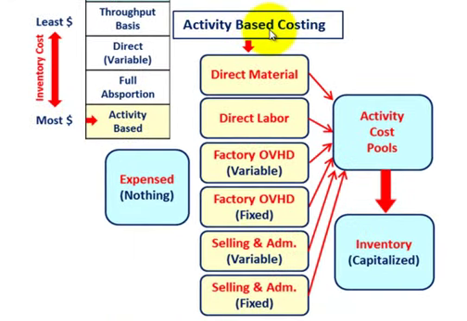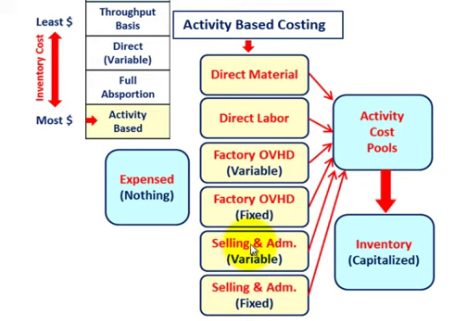Okay, so for activity-based costing, really what we're looking at is what we're going to capitalize in our inventory versus what we're going to expense. Again, with activity-based costing, nothing gets expensed. Everything is going to flow into these activity cost pools: the direct materials, your direct labor, your factory overhead, variable and fixed, plus all the selling and administrative expenses, variable and fixed.